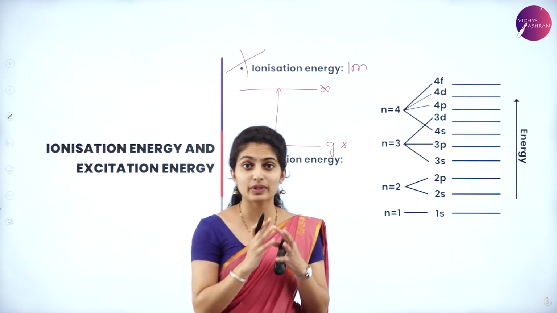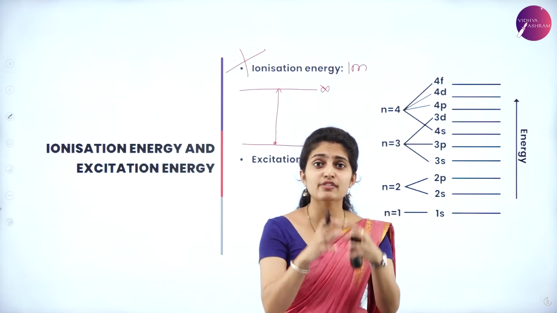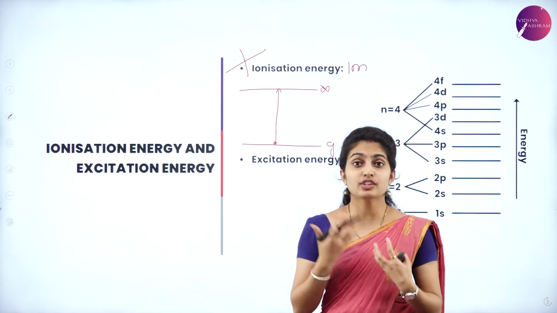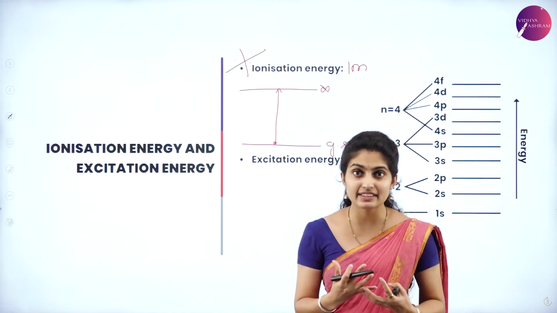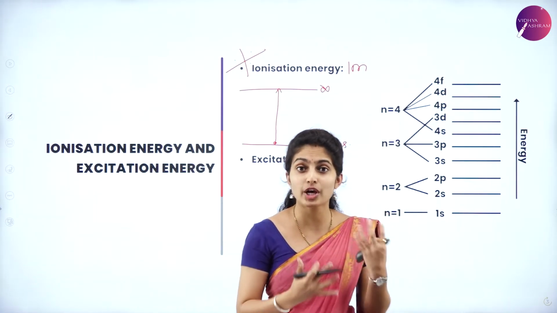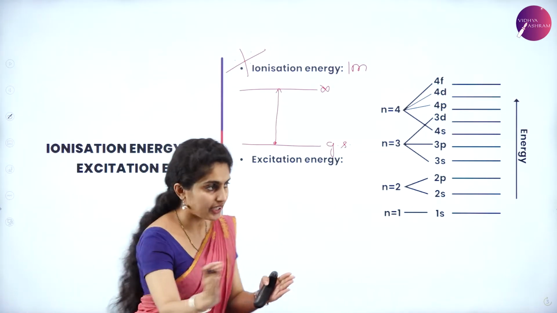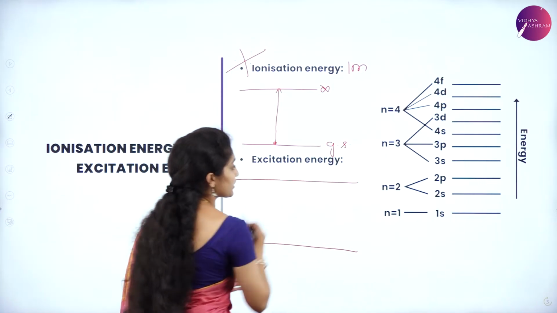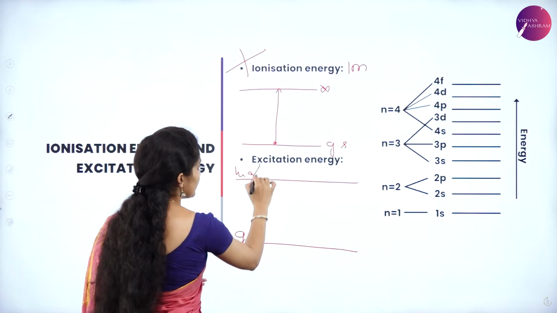Getting excited: we get excited when we see some surprises or our favorite foodstuffs or favorite objects. Whenever we are very surprised, we say that we are in an excited state, that is, we start jumping. So jumping is nothing but excitation. So what is this excitation energy? It is the jumping of electrons from a ground state to a higher state. So this is a ground state and this is a higher energy level.